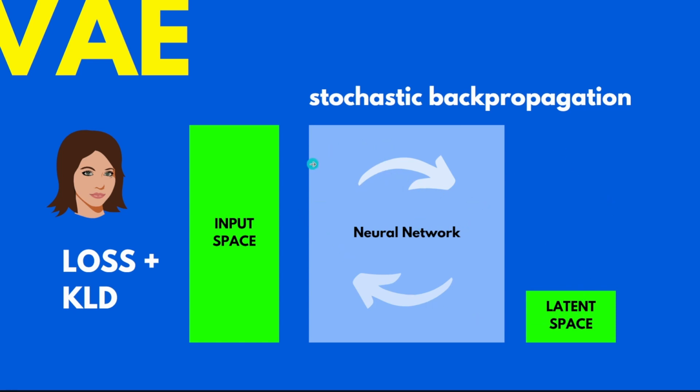At first, probability theory. You know that here, if you go from input space, latent space, and back and forth with backpropagation, the normal backpropagation will not work. You need something like a stochastic backpropagation. This is a mathematical, really challenging approach, and the second part is here in our loss function.